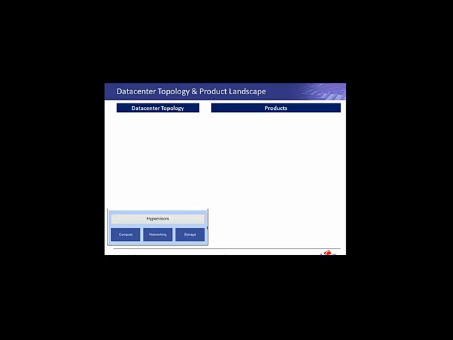If you take a look at a typical data center topology and the landscape of products used, at the bottom we see a hardware layer where we have the typical hardware provisioned in the form of compute, networking and storage. An administrator working at this layer is involved in deployment and setup of hardware.